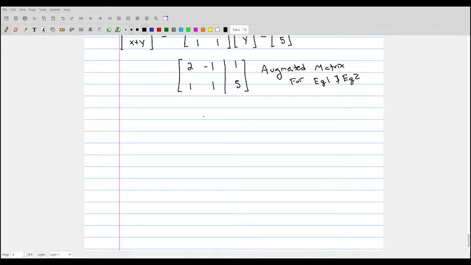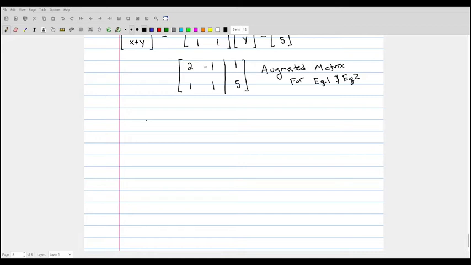Reduced row echelon form is when you have ones in all of the leading columns, and in every column with a 1 you have zeros elsewhere in the column. This is best shown with two main examples. We'll do the example that we already solved, and we'll do the example of that 3 by 3 matrix to get a handle on how to do this.